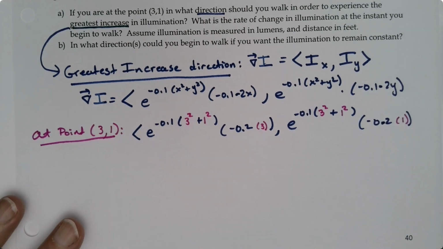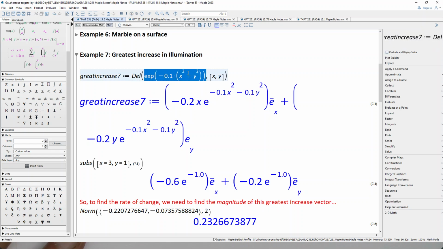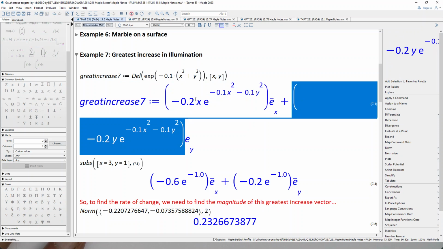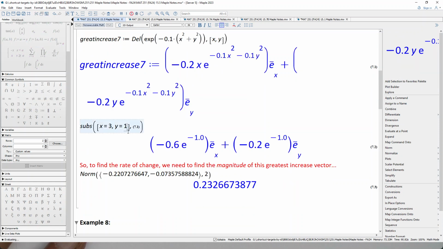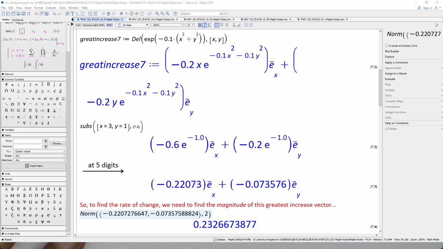And obviously we are not doing this by hand. Let's not be ridiculous. So I did it in Maple. So I have my greatest increase, right, which is this, and there's my lovely gradient, and then I substituted x equals 3 and y equals 1 into that gradient, and it gave me negative 0.6 e to the negative 0.1 and negative 0.2 e to the negative 0.1. And of course that's not super useful.